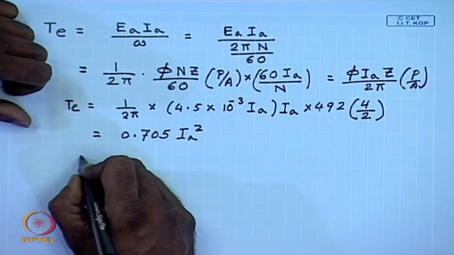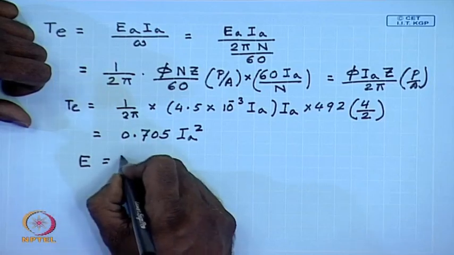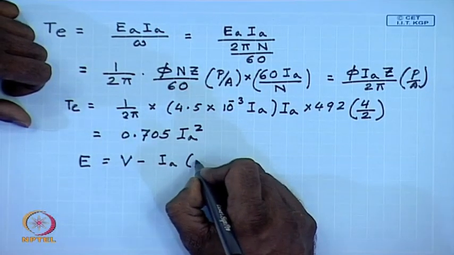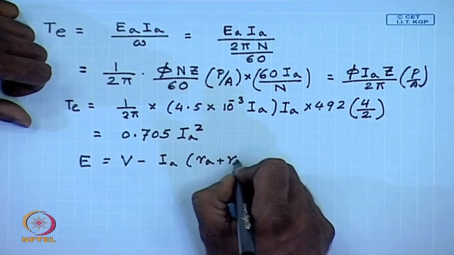Also, we know E equal to V minus IA into RA plus RAC.